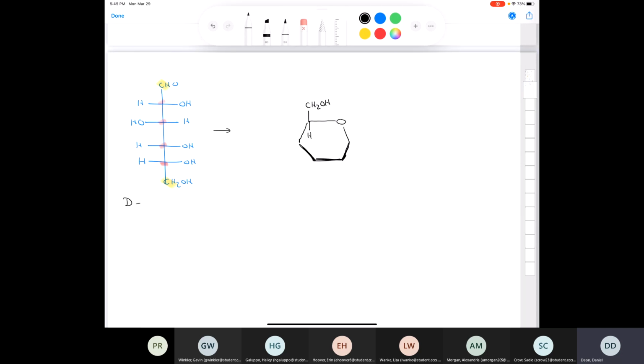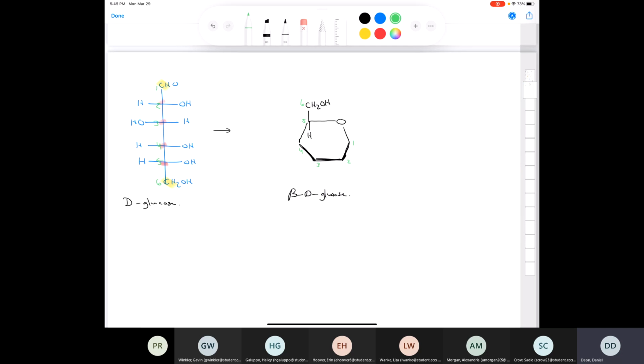So if we're going from D-glucose, and I wanted you to draw beta D-glucose, I just want to review with you the tricks that I taught you to draw the beta D-glucose, right? You count the carbons going from 1, 2, 3, 4, 5, 6, like that. And we're going to use the same numbering system here, starting with carbon number 1, which we call the anomeric carbon, 2, 3, 4, 5, 6.